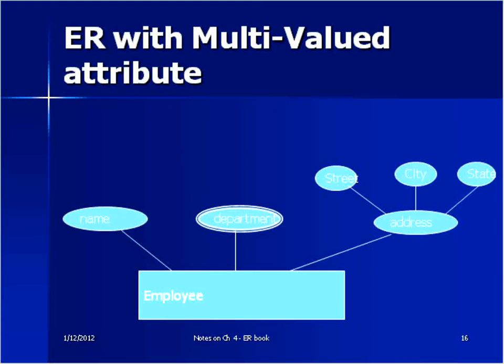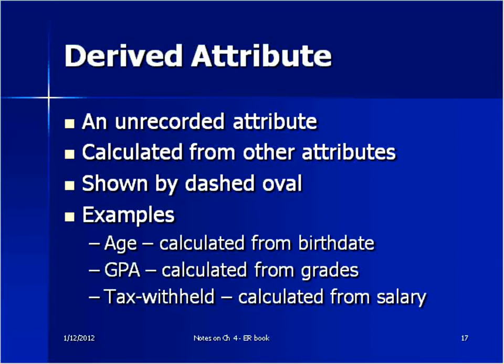The department is shown in double ovals, and when we have two ovals on an attribute, it is a multi-valued attribute. So department is considered a multi-valued attribute of employee. In this case, an employee can work in more than one department. So maybe the employee works in the math department as well as computer science.